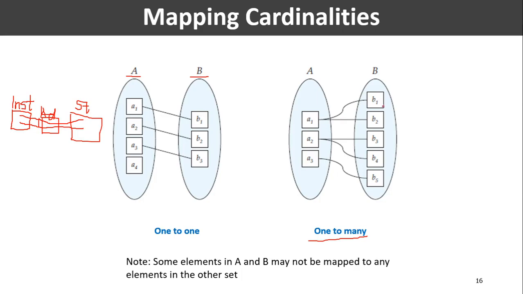I'll repeat. An entity in A is associated with any number of entities in B, including 0.